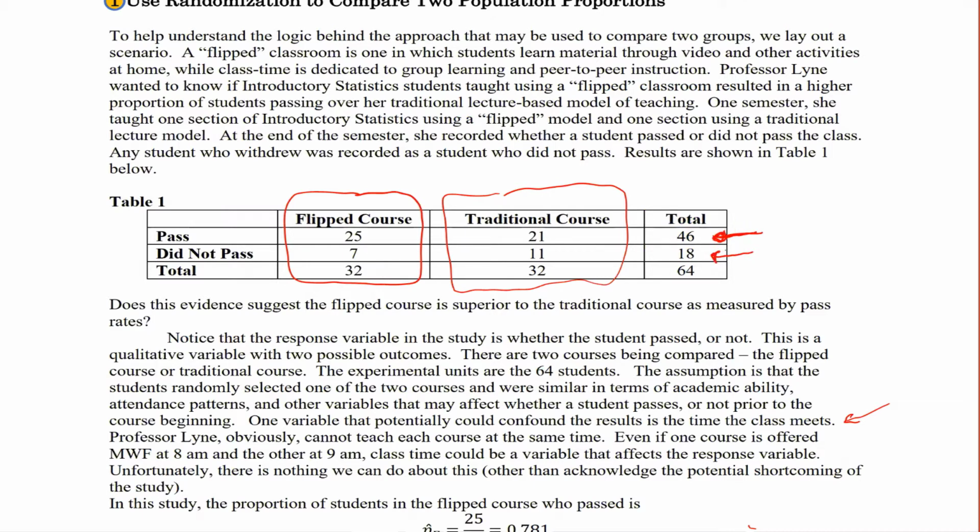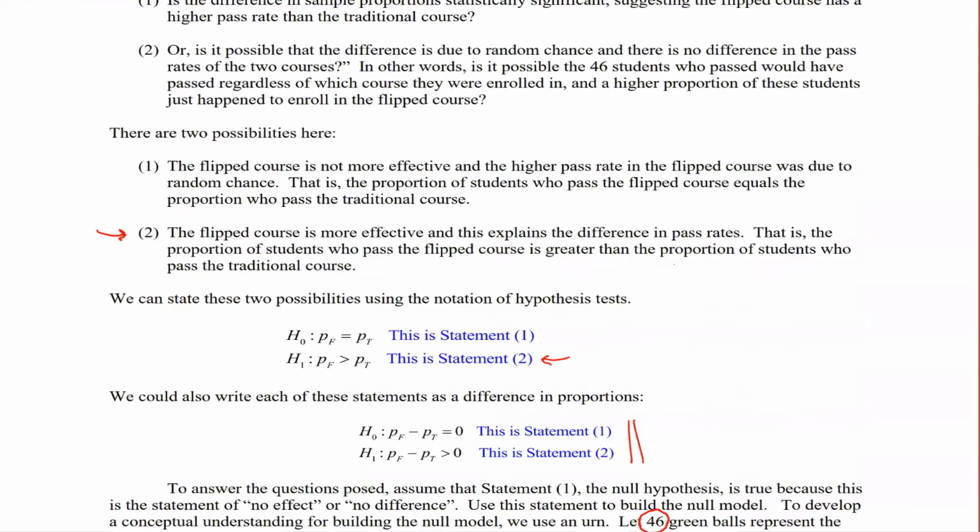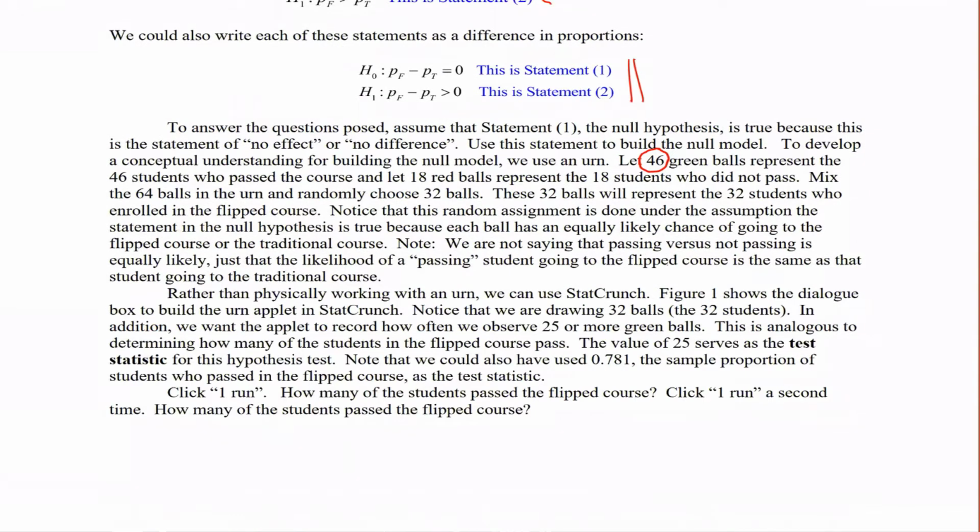The red balls are going to represent those students who did not pass. We're going to put those balls in an urn, mix the urn up, and then randomly select 32 balls from the urn. Those 32 balls are going to be the 32 students who enrolled in the flipped course.